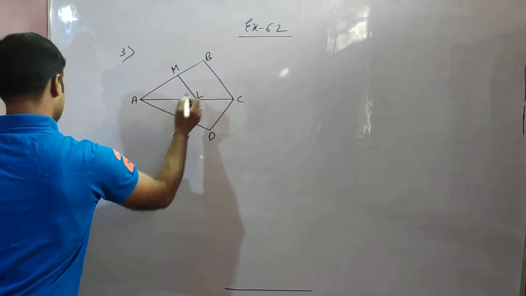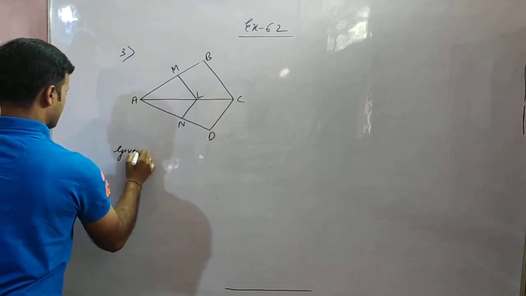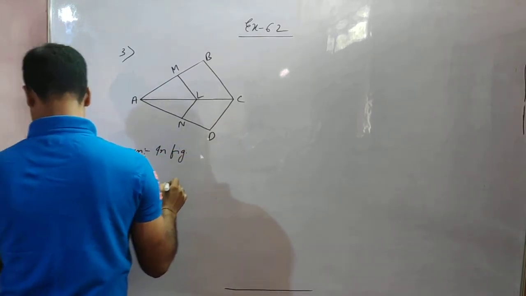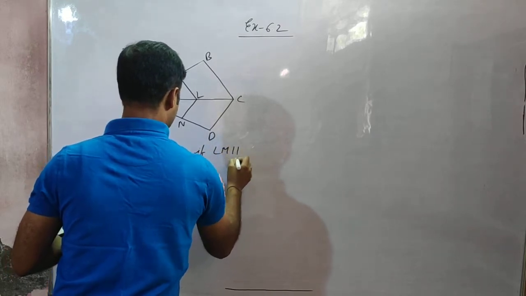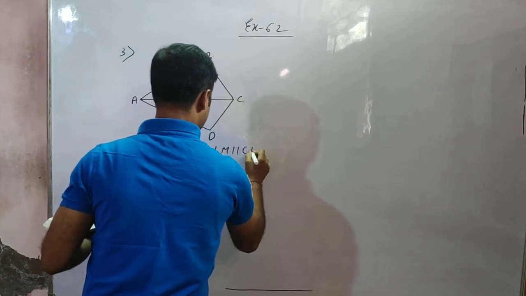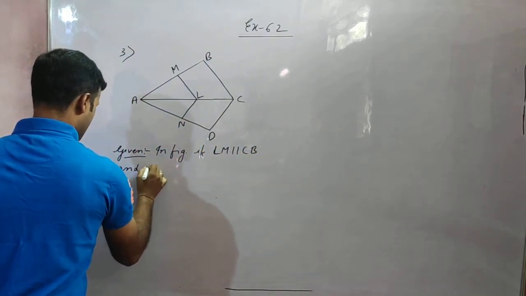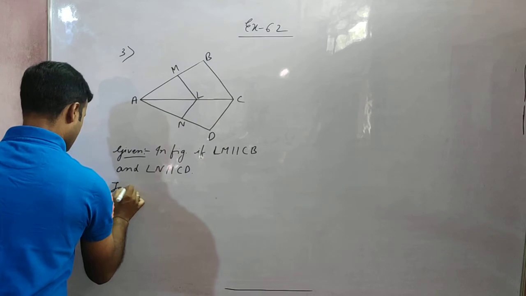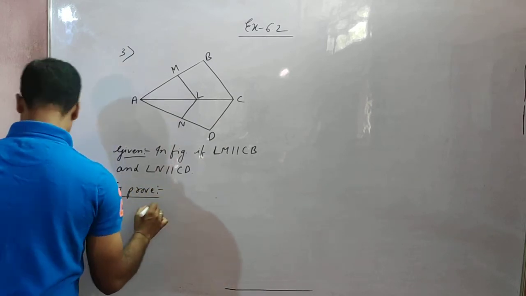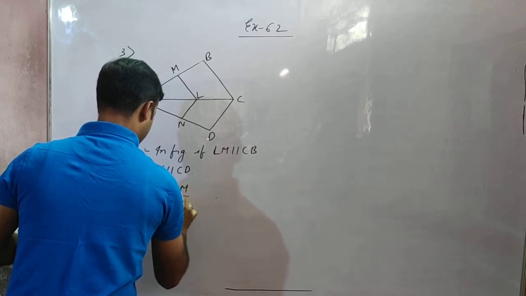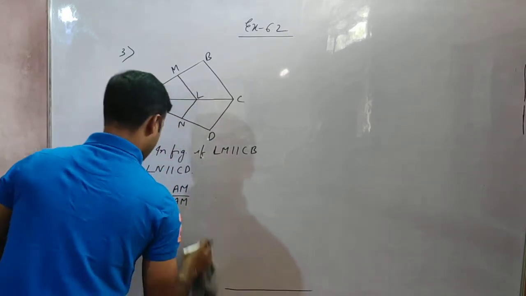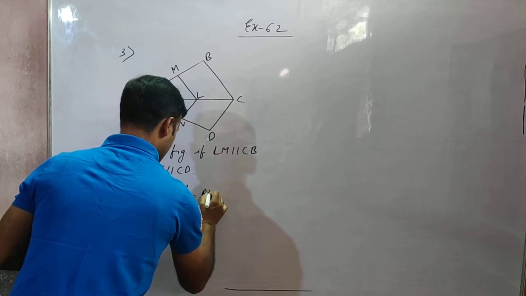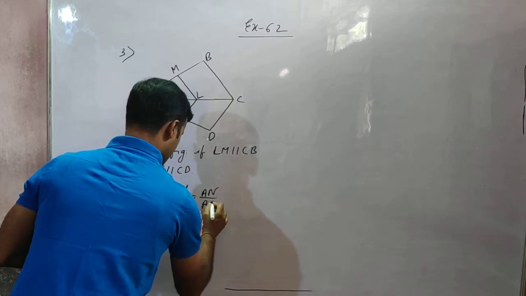So given in figure, if LM is parallel to CB and LN is parallel to CD, to prove AM by AB is equal to AN by AD.